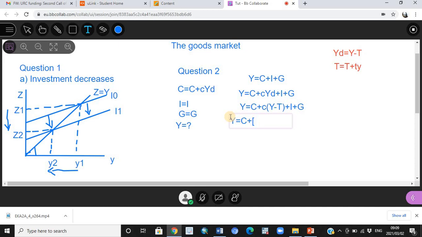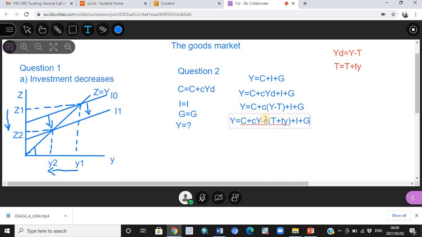Let me first multiply the C by everything that is in the bracket. I will say plus CY, minus C times the expression we already have, plus Ty. Ty is the T that depends on income. Plus I plus G.